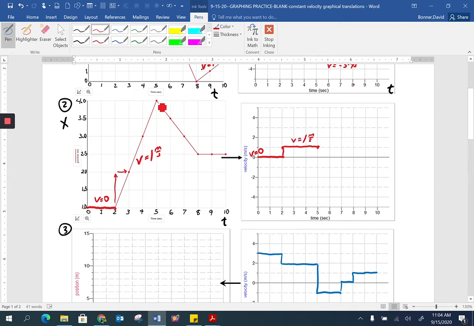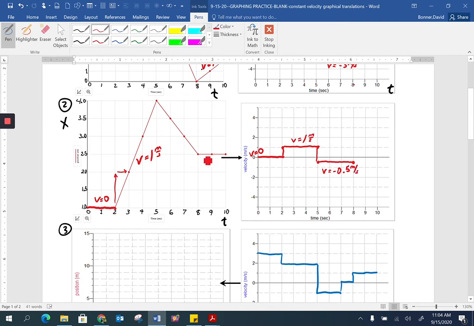So we're going to be moving down 1, which is really 0.5 each second. So it's going to be negative 0.5. Negative 0.5 is right about here, and that's until the 8-second mark, so right in between these two. So v equals negative 0.5 meters per second.